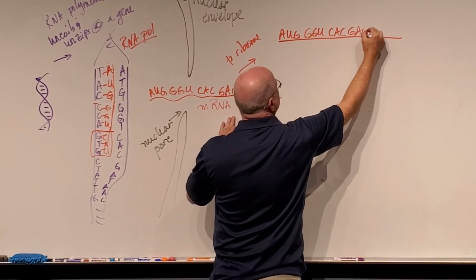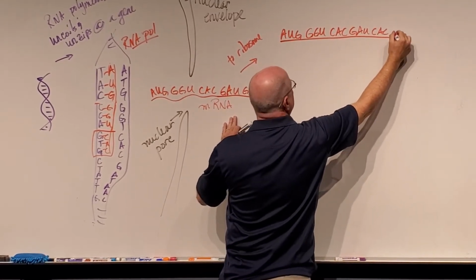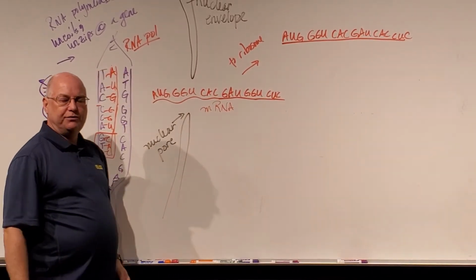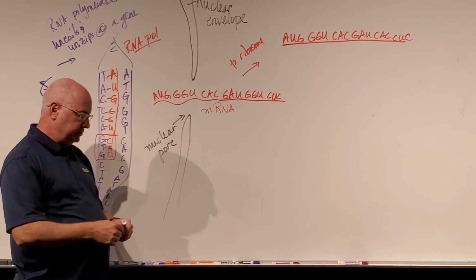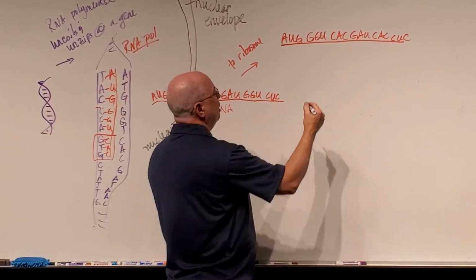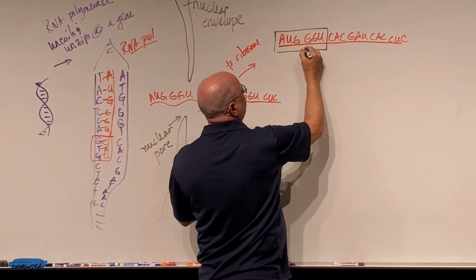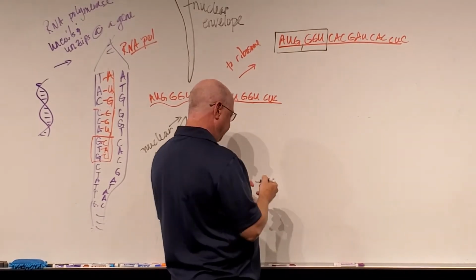I have GAU, CAC, and CUC. Obviously, it would be several hundred bases long, but nonetheless. Now, here's what happens. Our ribosome has 2 subunits, and it can read up to 6 bases.